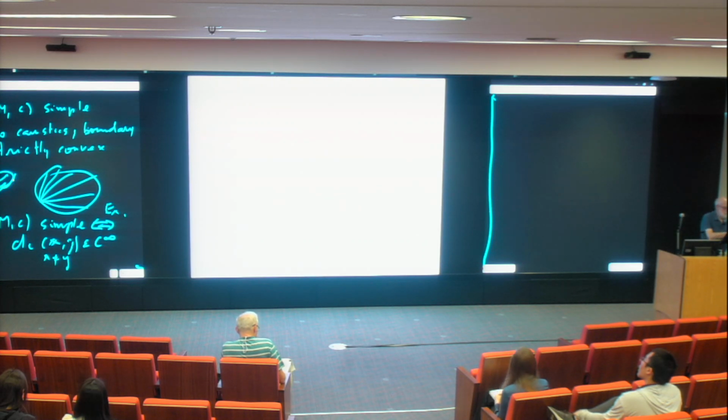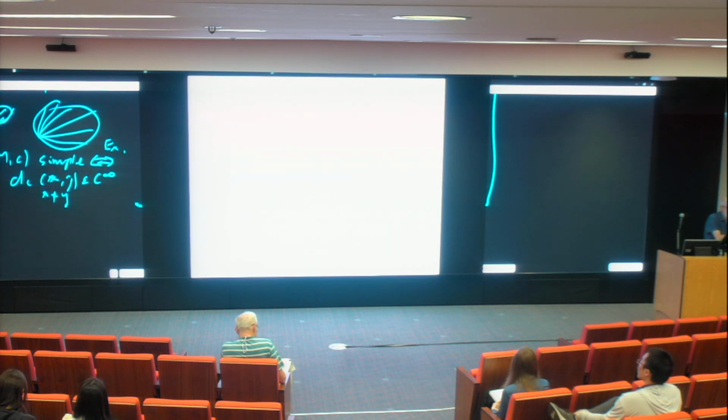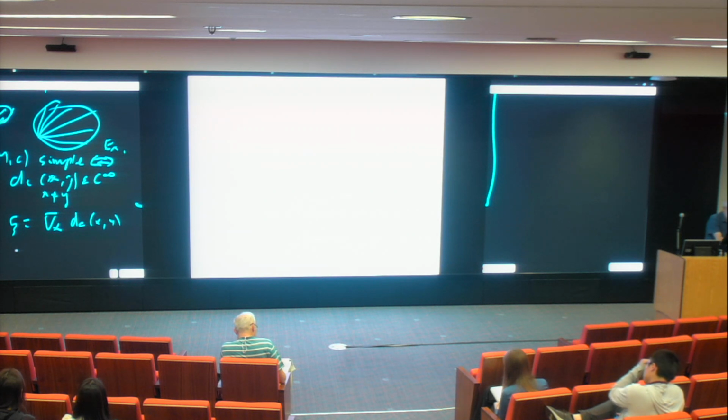So the direction of entrance of the geodesic is obtained by just differentiating the distance function with respect to x, and eta is the gradient with respect to y. This is if x is different from y.